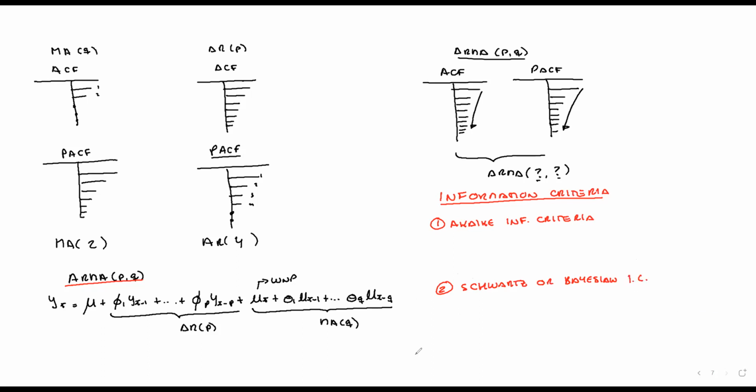The formulas are basically ln of sigma squared plus 2k/T, or ln of sigma squared plus k ln(T)/T. And what you want is to minimize them.